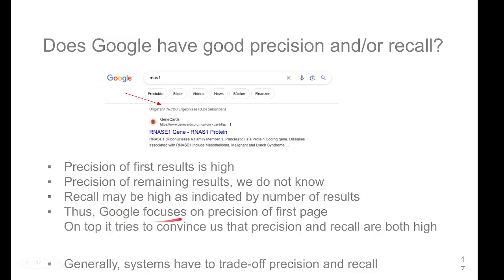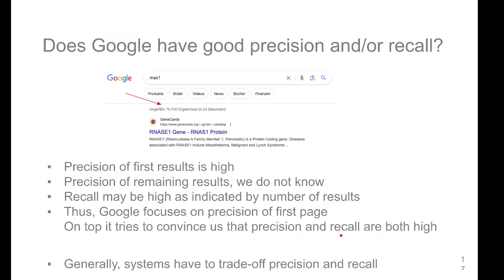So Google is focusing on the precision of the first page, and it tries to convince us that recall is also high, but in general, we do not have a way to test this. With some other search engine, I once really bothered, and I clicked through the first 100 pages. So that means I got to search result 1000, and believe me, the results at position 1000 were really, really poor.